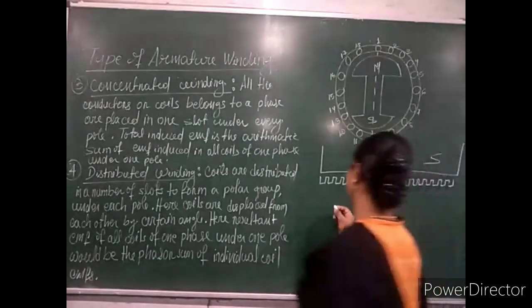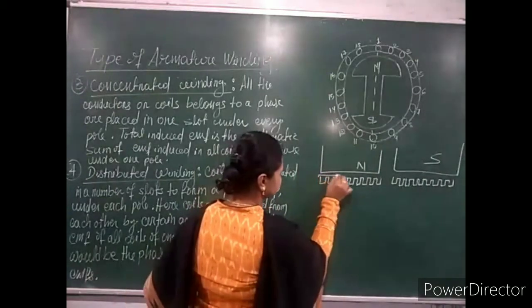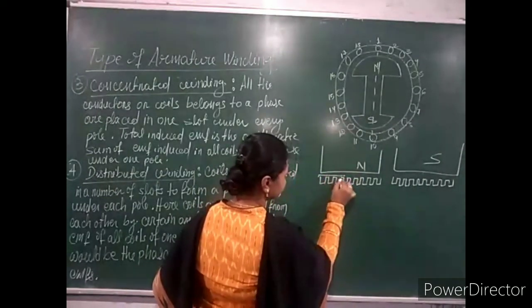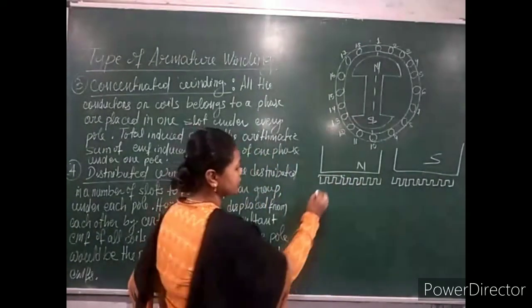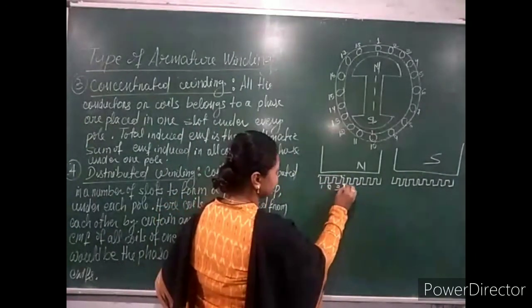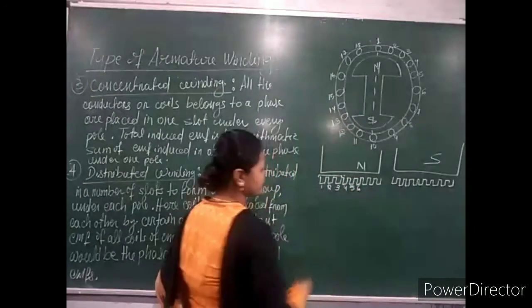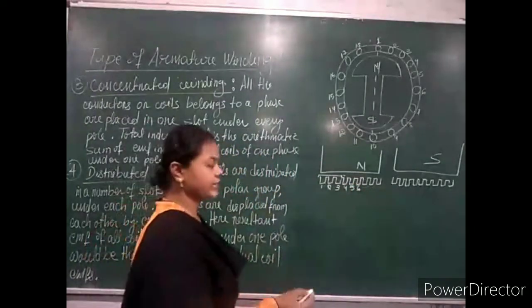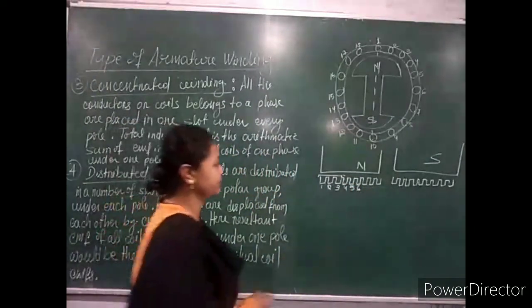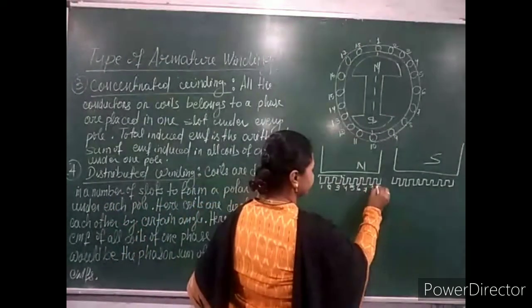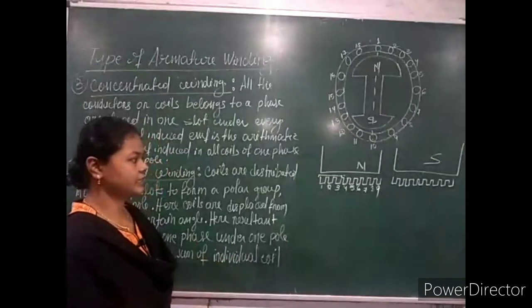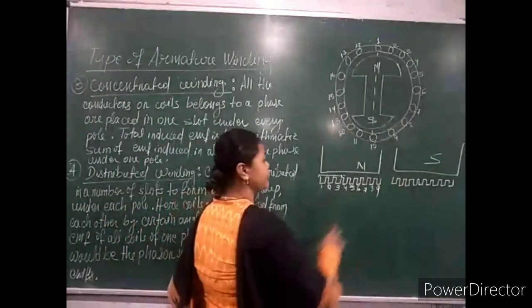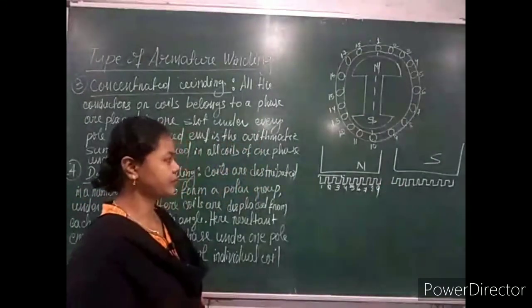So slots 1, 2, 3 come under one phase, then 4, 5, 6 come under the second phase in a 3-phase synchronous machine. Okay, 7, 8, 9 come under phase number 3. Similarly for South Pole also.